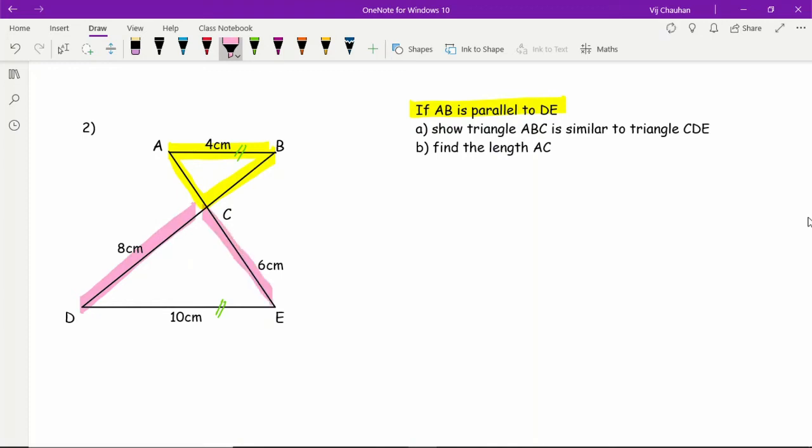So these are the two triangles I've got to prove are similar. Well, to start off with, looking at A, if triangle ABC is similar to triangle CDE, all internal angles must be the same.